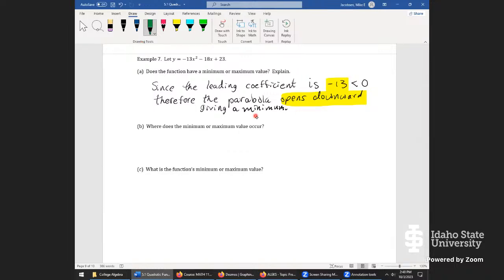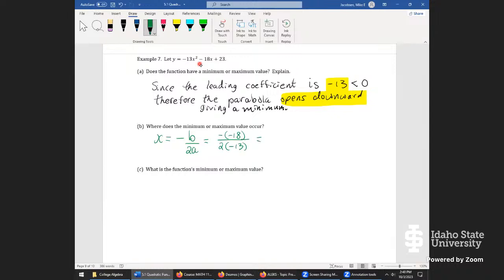So we can say here, if it asks where, we're talking about the x coordinate. It'll be by formula, negative b divided by 2a. So we just go to our coefficients up here. The b coefficient is negative 18. So take negative of negative 18, divide by twice negative 13.